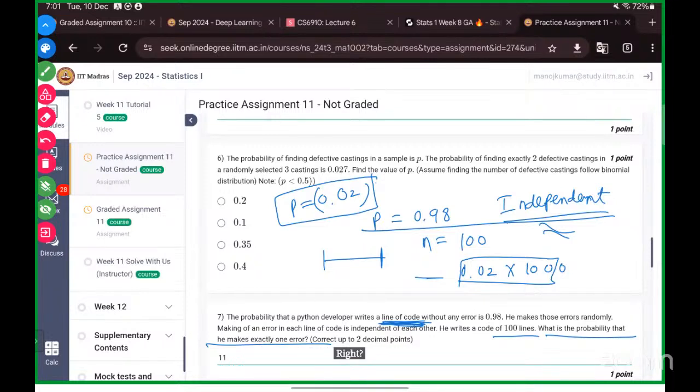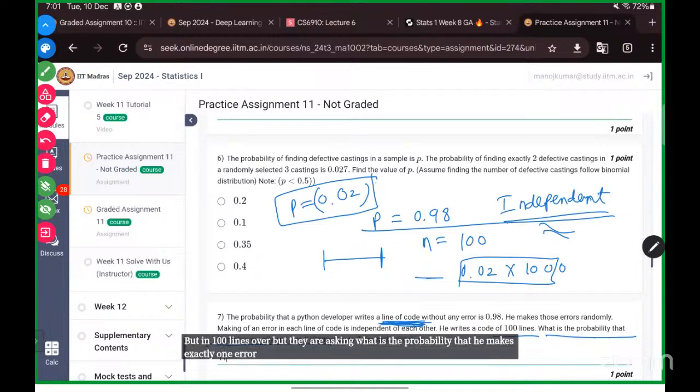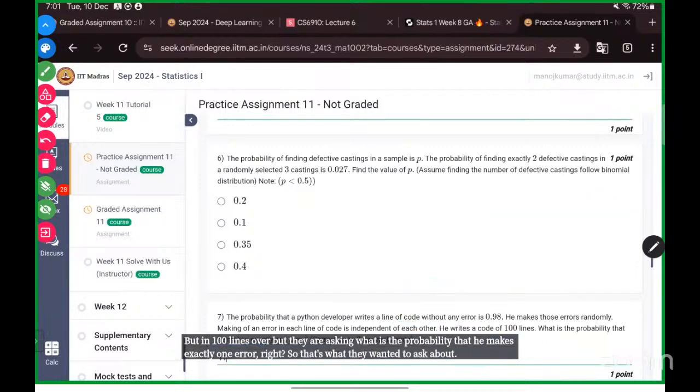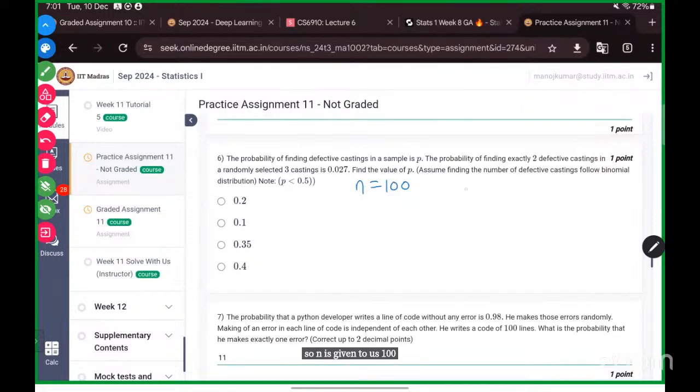But they are asking what is the probability that he makes exactly one error. So n is given to us as 100, and p is the probability of making an error, 0.02. Here, making an error is the success criterion.